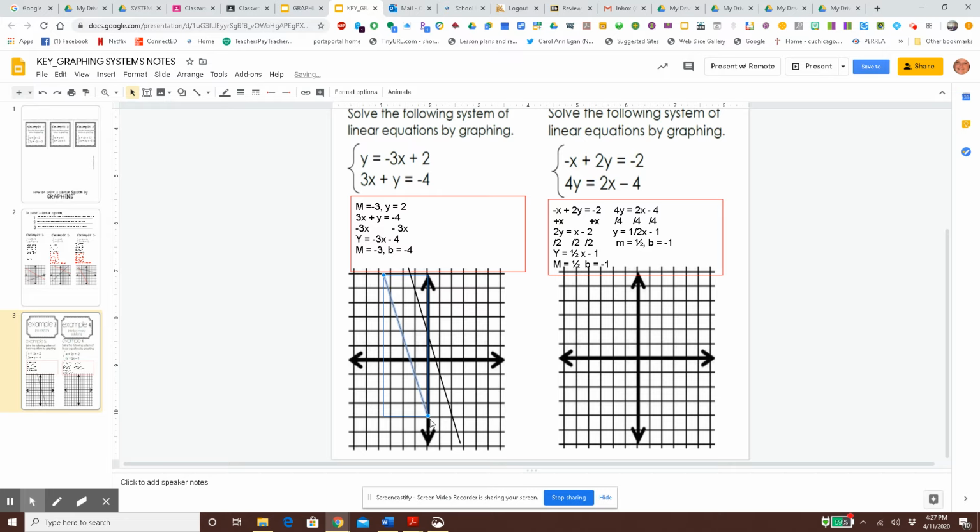And I can see that these two lines don't intersect, and they're never going to intersect because they are parallel lines.